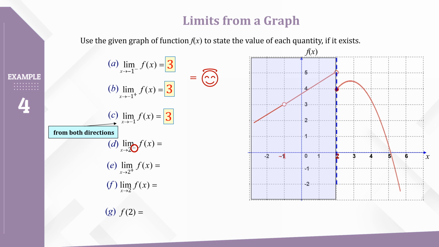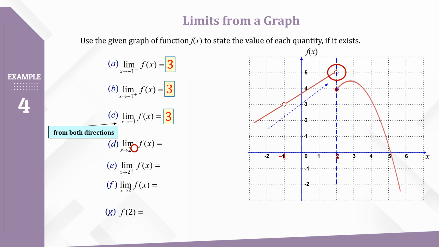We are approaching along the left function from the left side toward the x equals 2 line. We are getting closer and closer to 5, although we cannot reach this value. So the left side limit is 5.